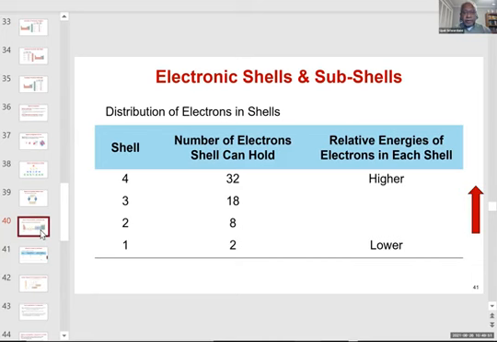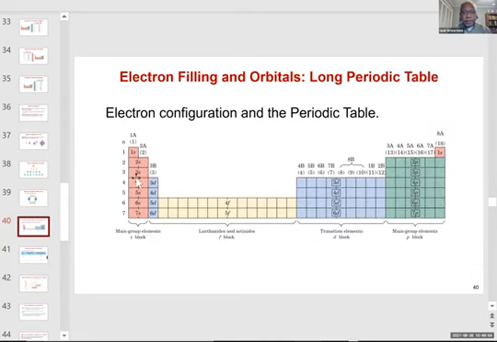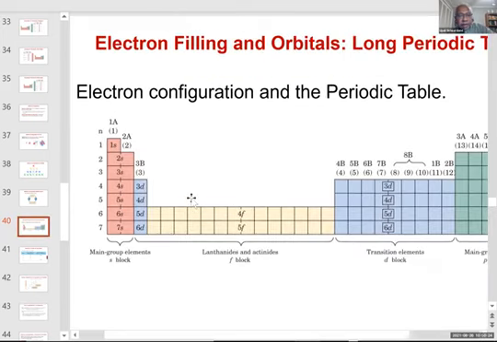I counted 18. Okay, I'm sorry. Shell 3: 2, 10 here. Shell 3 has 2, 10, plus 6 is 18. Do you understand? You count all the shells with the number 3: 18.